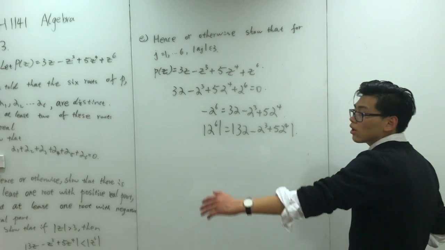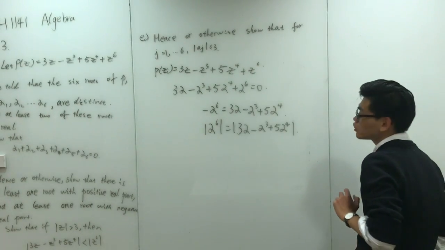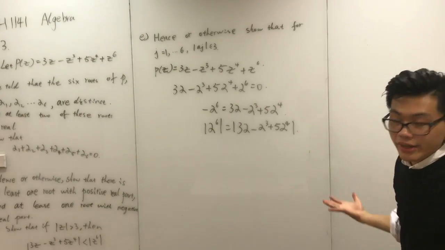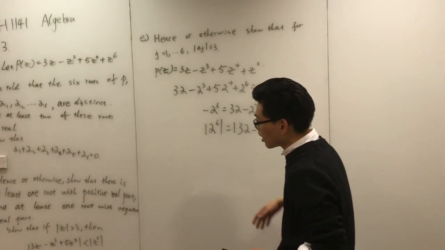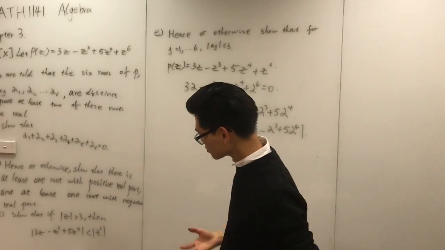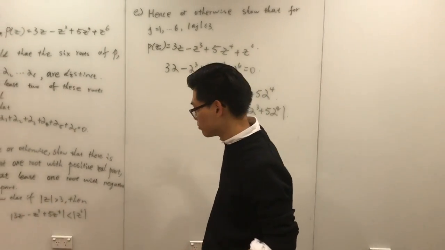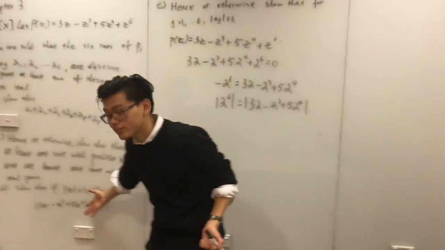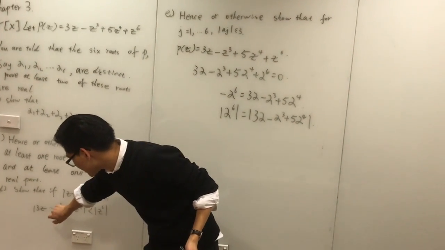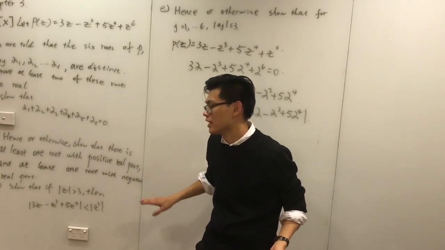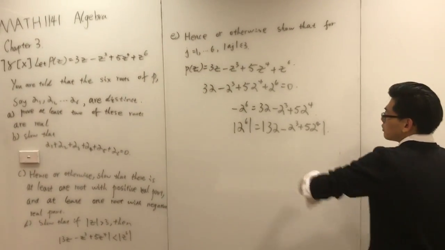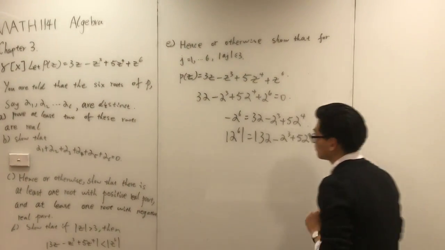Okay, now when we look at this equation, we should immediately know |α| can't be bigger than 3. Why? Because alpha may be a complex number, maybe any number. But if |α| is bigger than 3, what would happen? We can refer to the previous part. If |z| is bigger than 3, then |3z − z³ + 5z⁴| should be less than |z|⁶. So the same thing happens here.